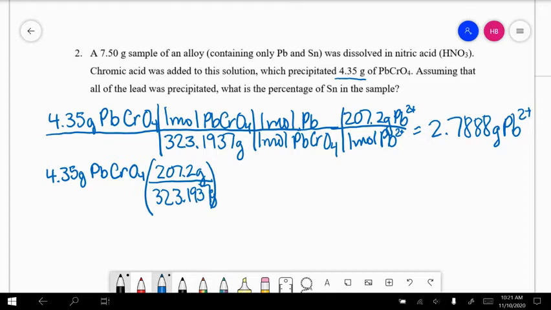Now, this is lead, but they're asking us for tin. Well, the tin's still floating around in solution. How do I get that? Well, we know that this contains only tin and lead.